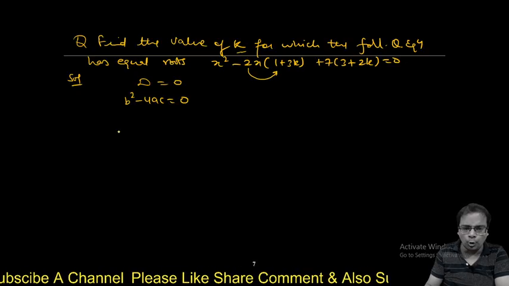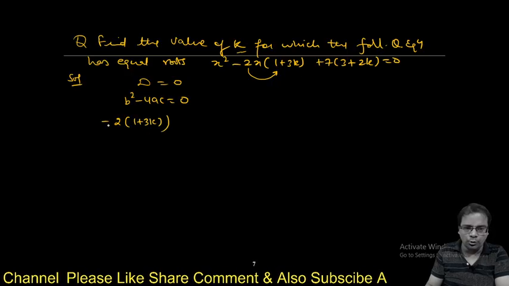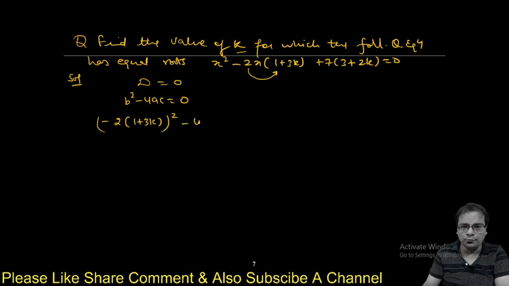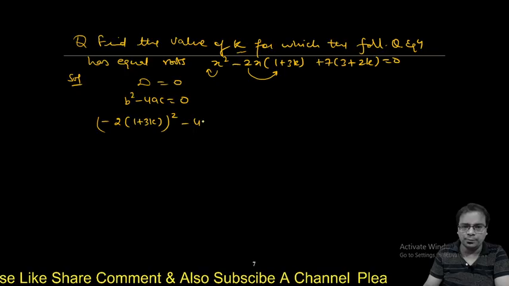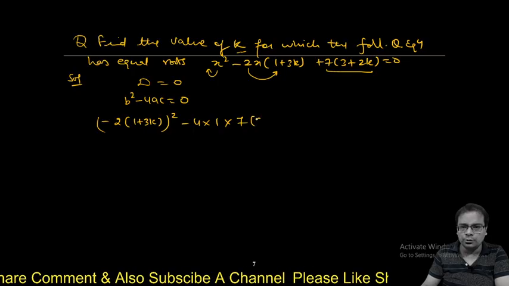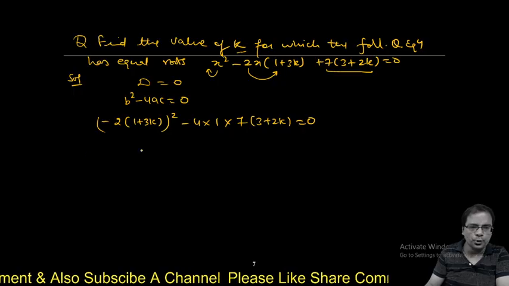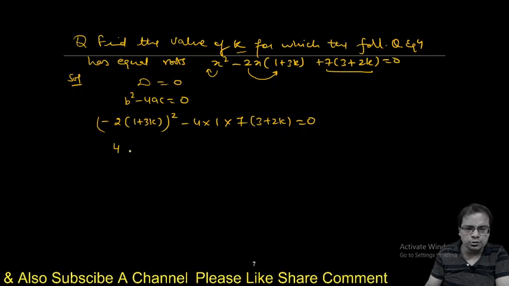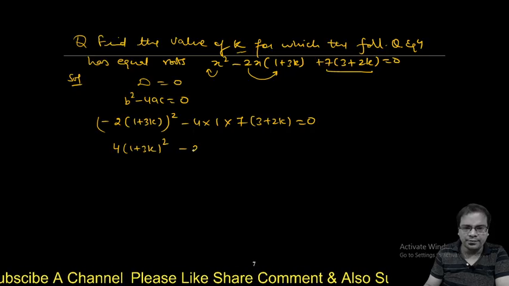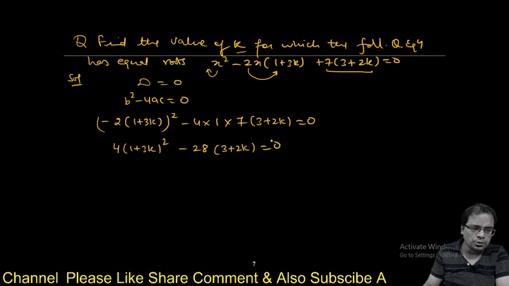The coefficient of x is minus 2(1 plus 3k), whole square. a is the x square coefficient, nothing is there, so we take 1, and c is the whole term, that is 7 into (3 plus 2k), equals 0. So we write minus 2 square is 4, (1 plus 3k) whole square, and 7 4s are 28, and (3 plus 2k), equal to 0.